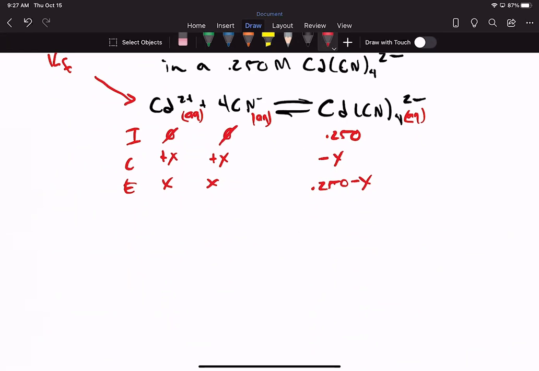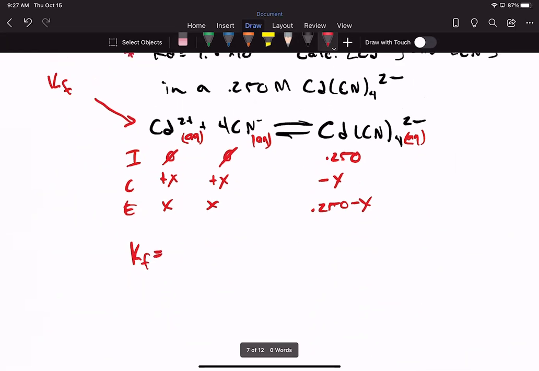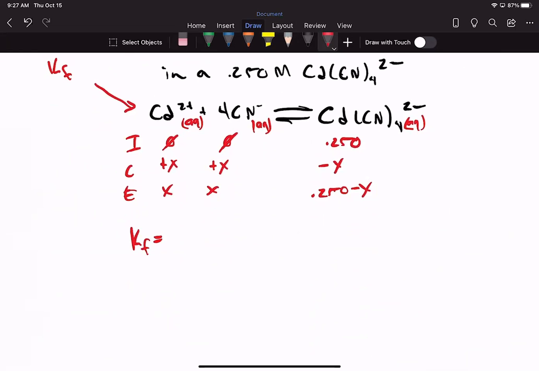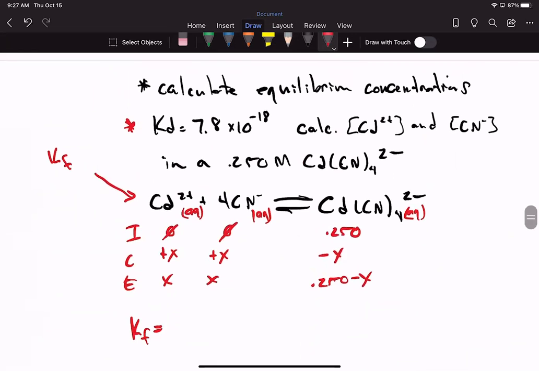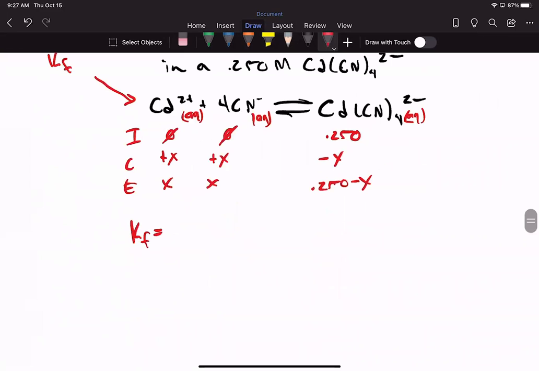So here, our KF is going to be, let me see, what is our KD value? Because this constant, our K value, is a lot less than 1, I'm going to make an assumption here. Our KF is equal to 0.250 over, this is 4x. Oh man, that's going to make some mistakes here. This is 4x.